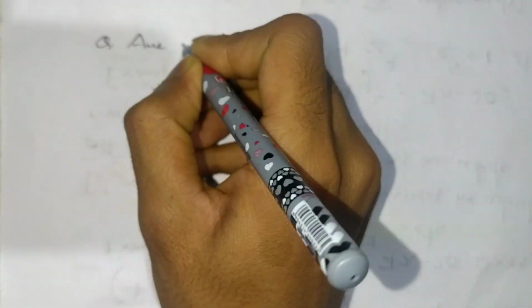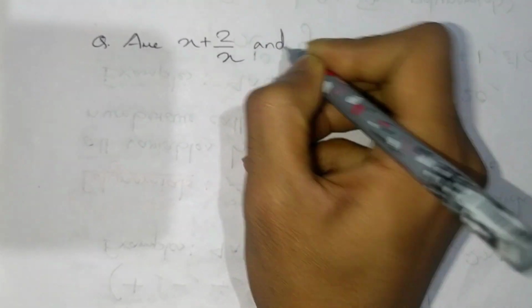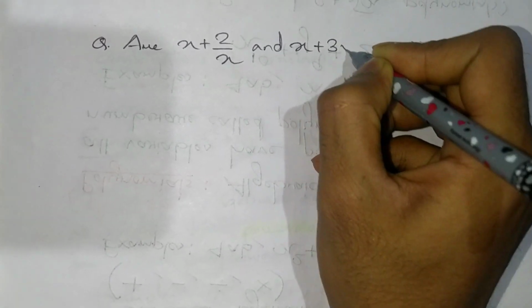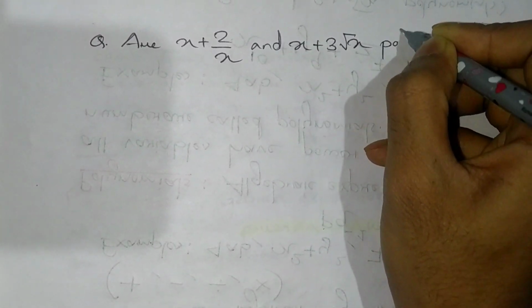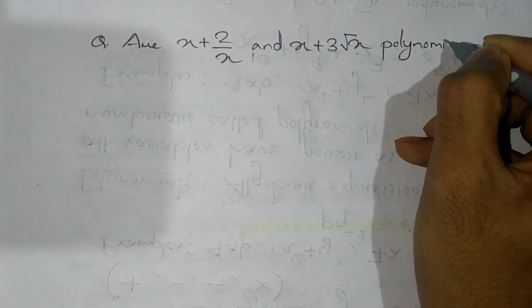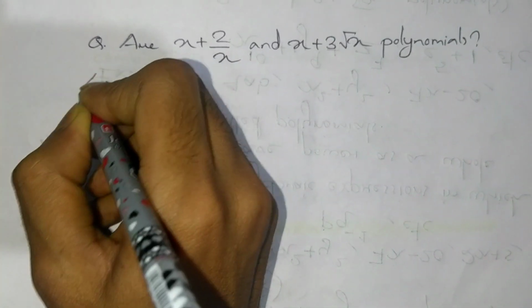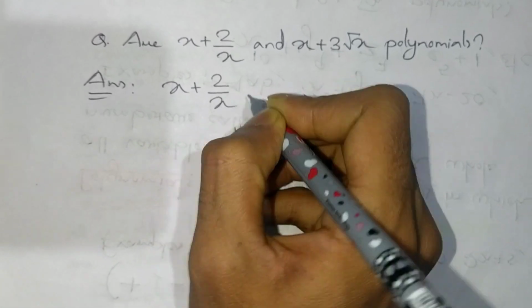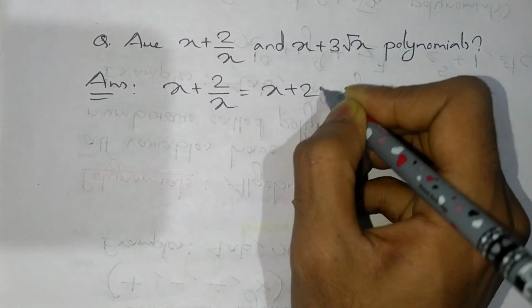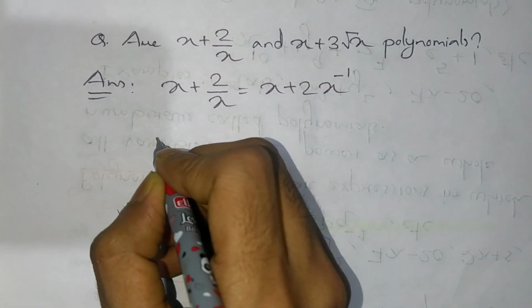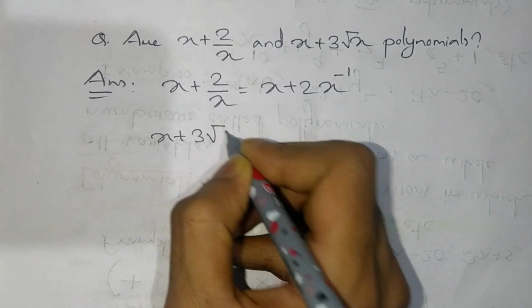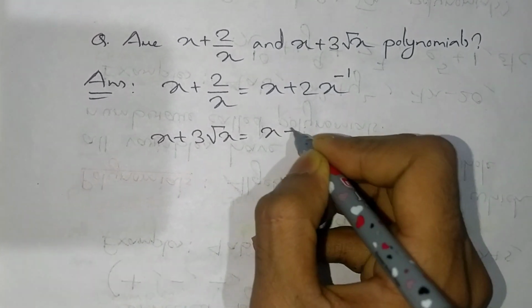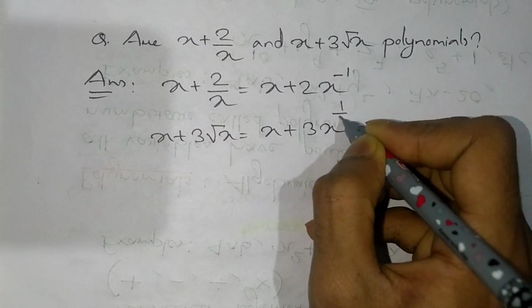Are x plus 2 by x and x plus 3 root x polynomials? So let us see. x plus 2 by x can be written as x plus 2 x to the power minus 1, and x plus 3 root x can be written as x plus 3 x to the power 1 by 2.